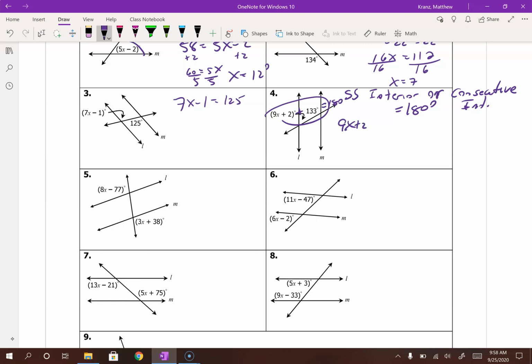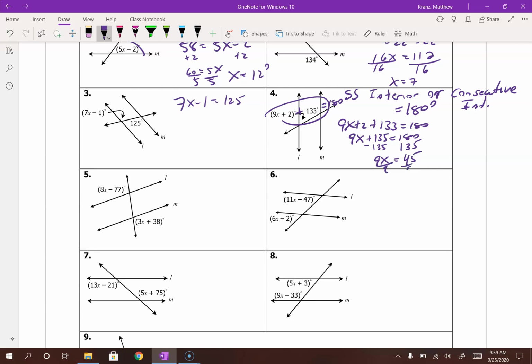So 9x plus 2 plus 133 equals 180. When I combine my 2 and 133, I get 9x plus 135 equals 180. When I minus 135, I get 9x equals 45.